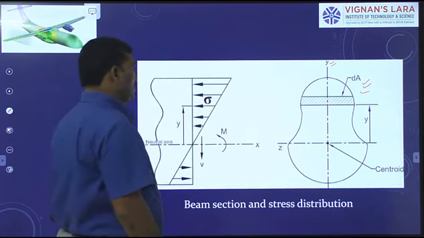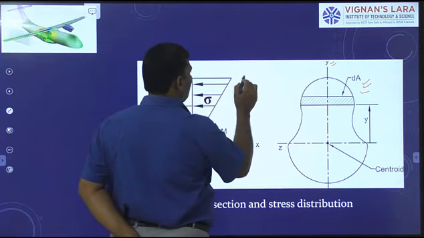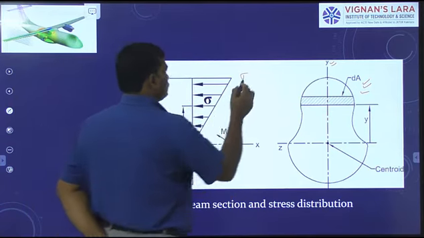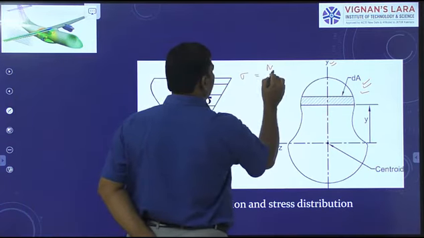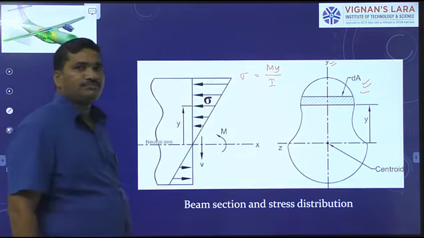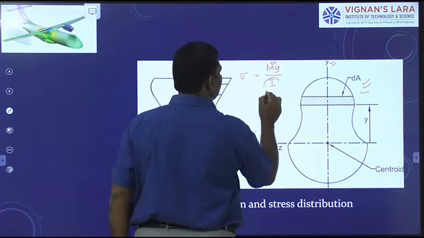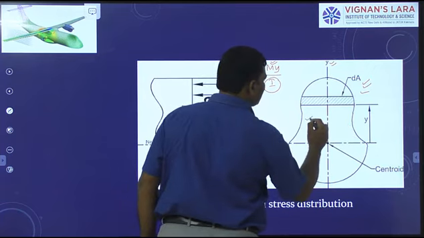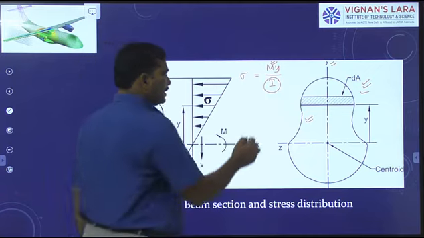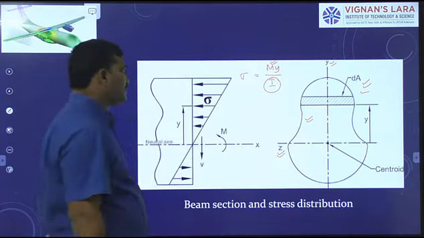Now, the expression for the normal stress, the bending stress sigma, equals M y by I. This is the expression for sigma. What is M? M is the bending moment acting on the section. I is the moment of inertia of this section about the axis z.